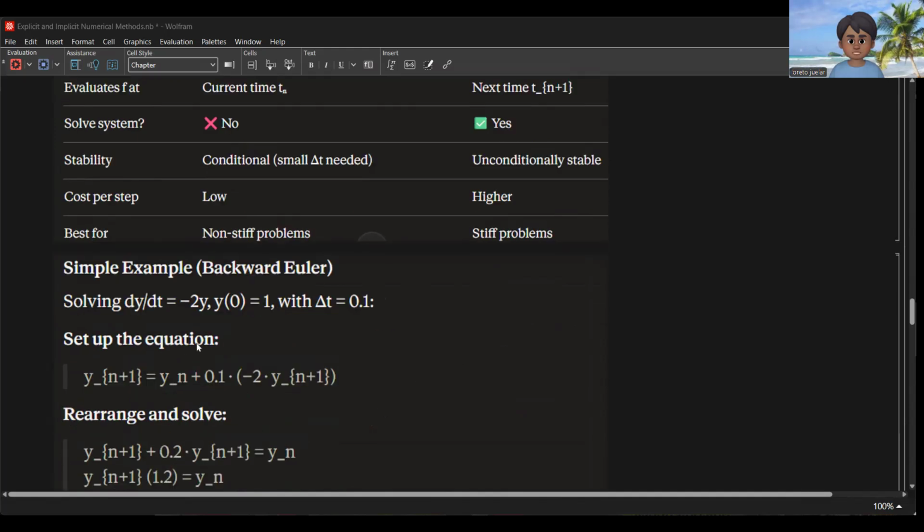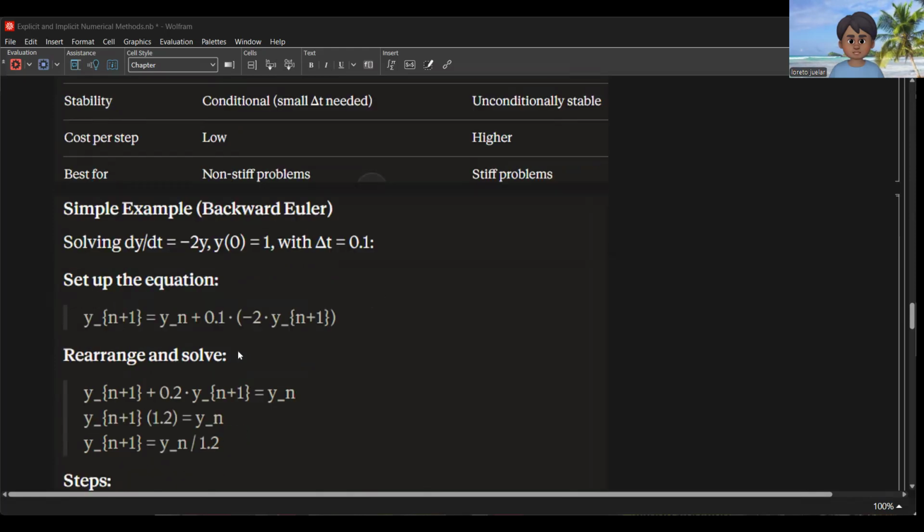We have the simple example here, backward Euler solving dy over dt equal to negative 2y. So we have the same example, but we are going to solve it using the backward differentiation. So y of 0 equal to 1 with delta t equal to 0.1. So the step size here is equal to 0.1. Set up the equation here.